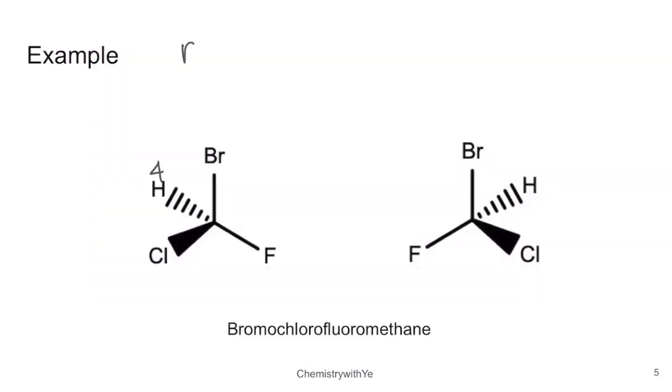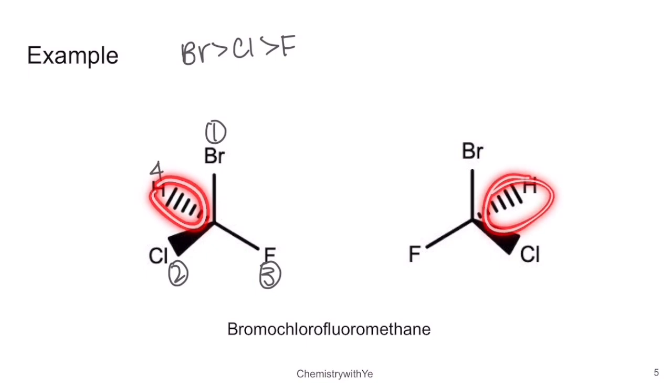So I'll just write that here. So you would number bromine 1, chlorine 2, and fluorine 3. And because both hydrogens are actually on a dash bond, you would not need to inverse the orientation.